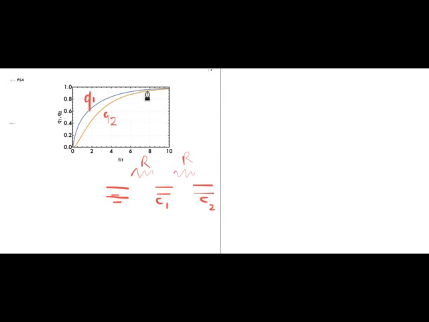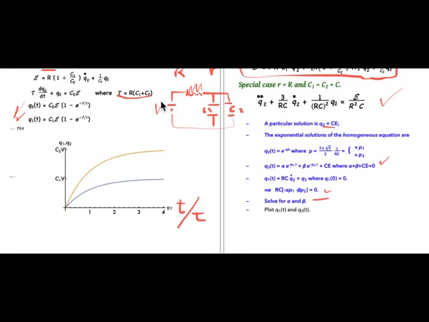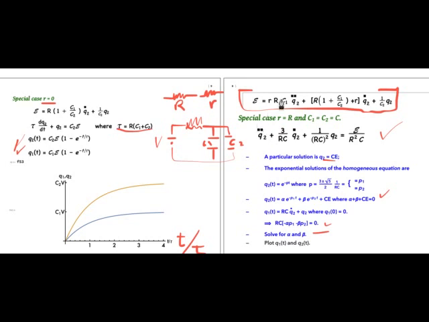And they both converge, for large times, to C times E. When t is large, Q2 is CE, Q1 is also CE.